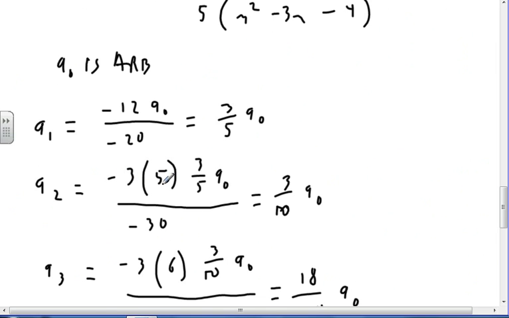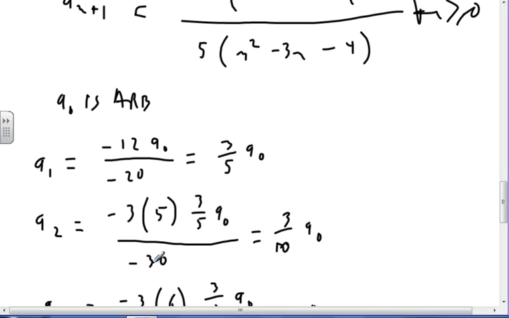Minus 3 times 5 times 3 divided by, when n is 1, this is 5. When n is 1, this is a minus 6. That's a minus 30. But I'm not supposed to be getting 3 over 10 for A2.